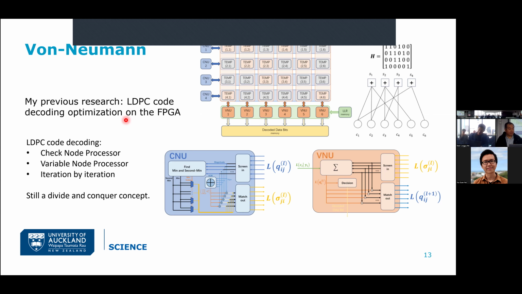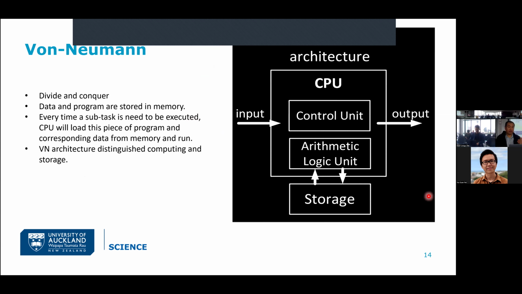It consists of many dedicated processors: check node processors and variable node processors, and we need to iterate until we meet the standard, or we reach the maximum number of iterations. The intermediate results between different iterations are stored in separate storage and fetched by the next iteration of decoding. This is basically what I did in my previous study.